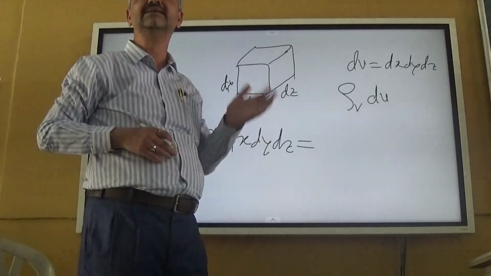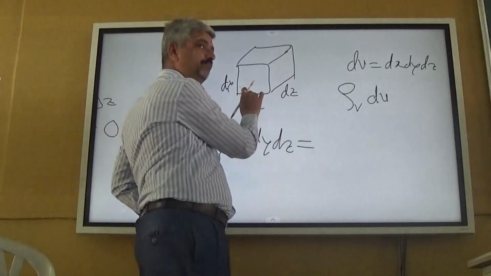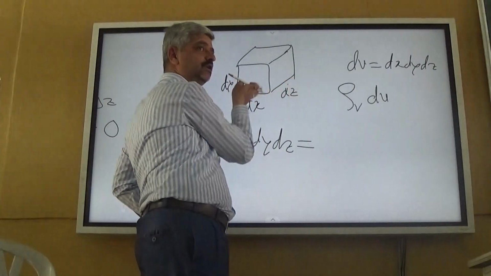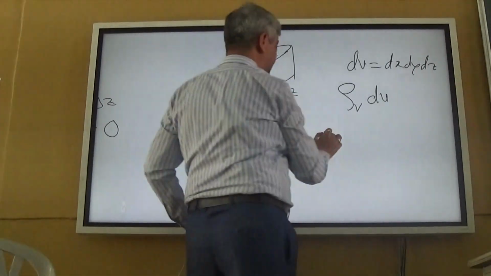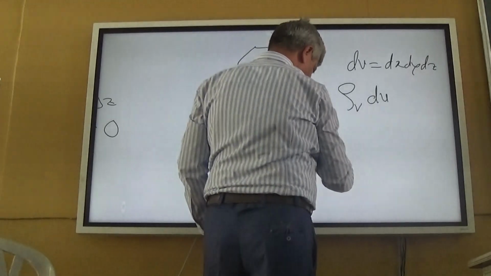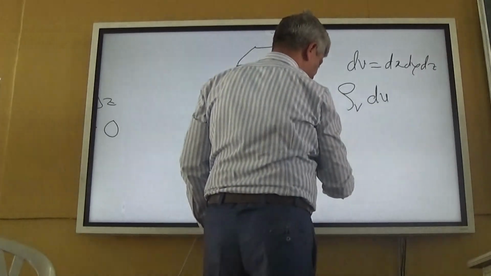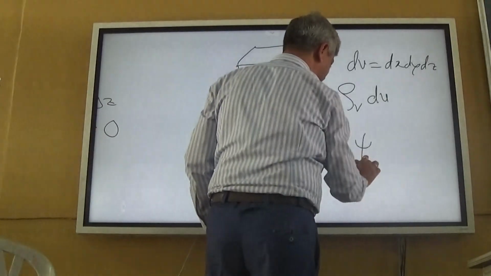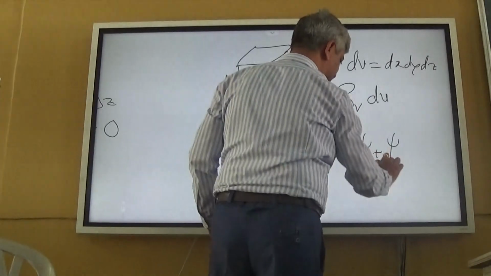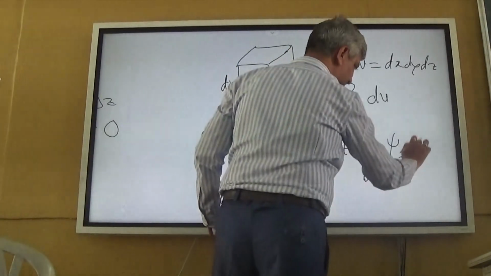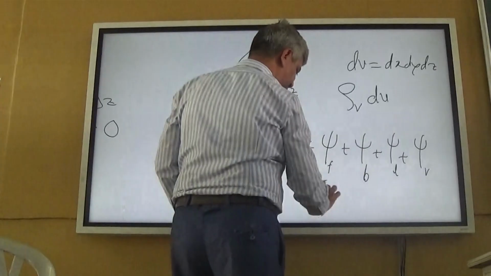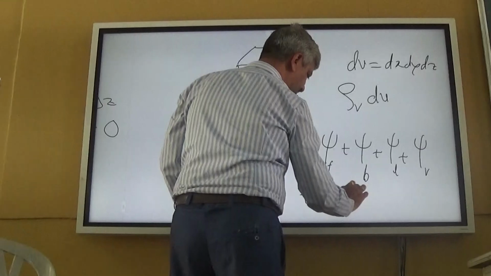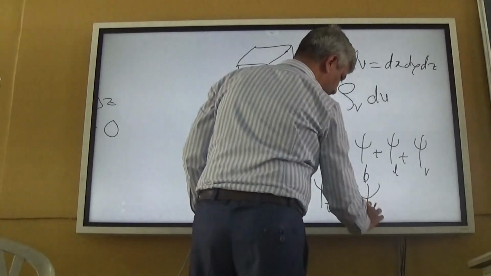How many faces are there? 6 faces are there. Front, back, left, right, bottom, top. So this would be flux front plus flux back plus flux left plus flux right plus flux top plus flux bottom.